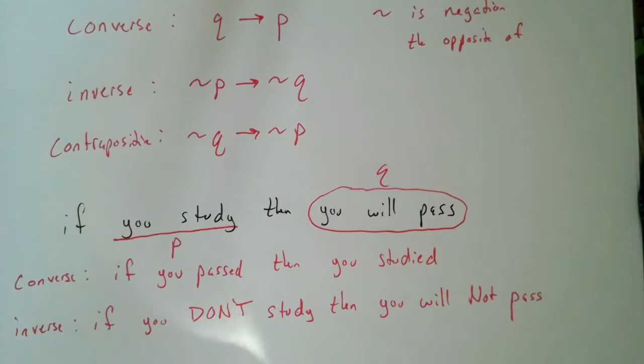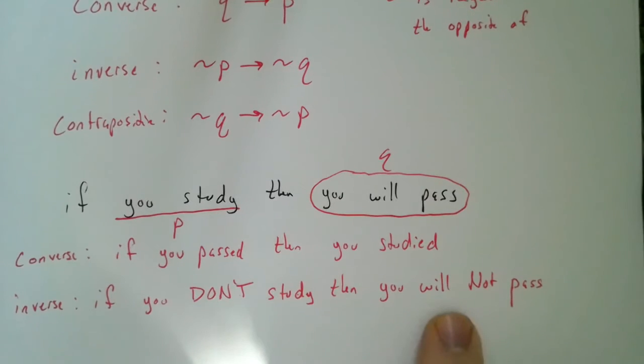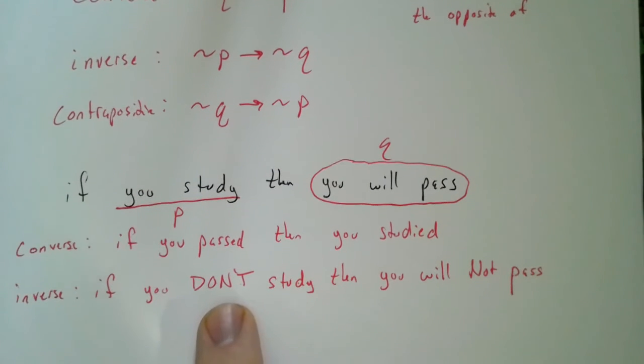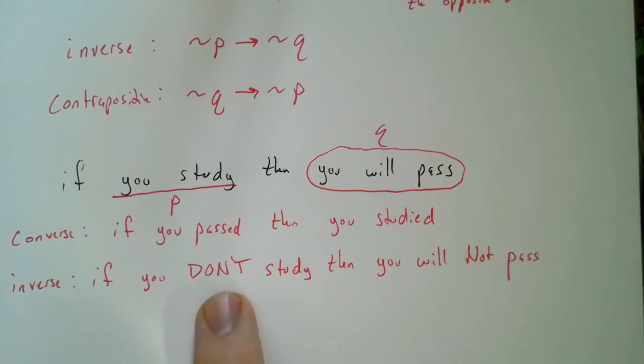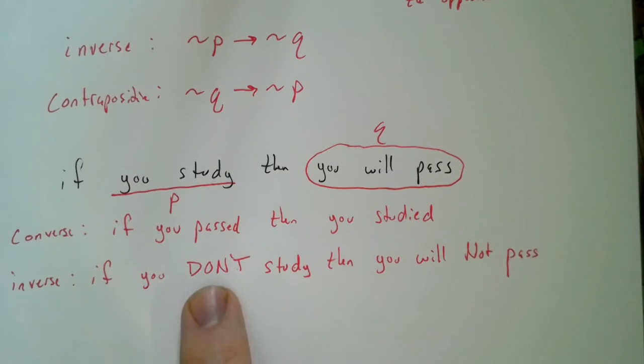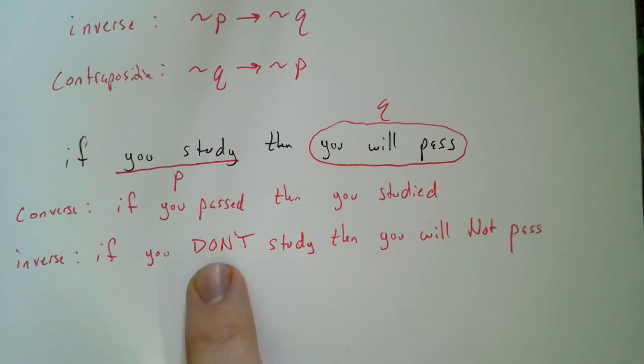So again, here you have to negate it. And we usually negate it by adding the word not or taking away the word not if it's already there. If you double negate something, if you don't study, that would be if you study again. So we can either add or subtract the word not, some sort of negation. So there's our inverse.